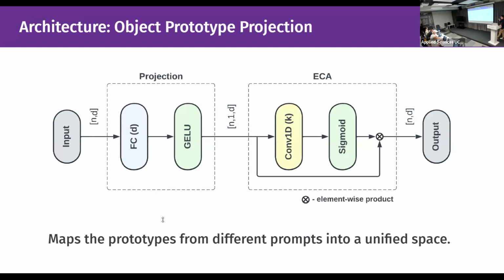It consists of a fully connected layer with an activation function, which is followed by the efficient channel attention layer. This channel attention layer dynamically adjusts the importance of each feature in the feature vector. By doing so, it enhances the most relevant features and suppresses the less useful ones.